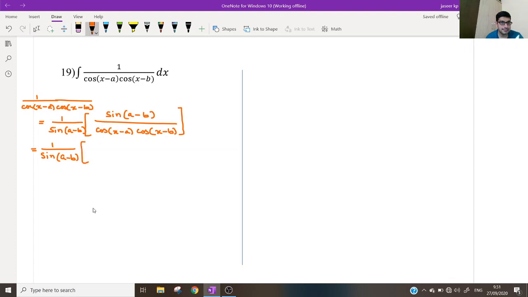So now the sin a minus b in the numerator can be written as sin of (x minus b) minus (x minus a), because if you see, x and x will get cancelled, so it will come as sin a minus b only.